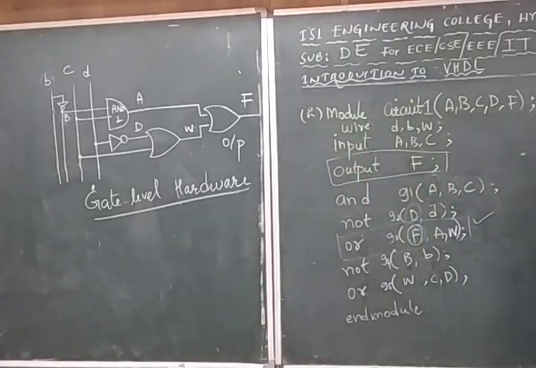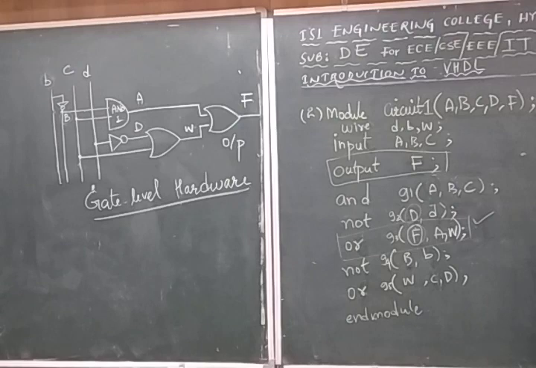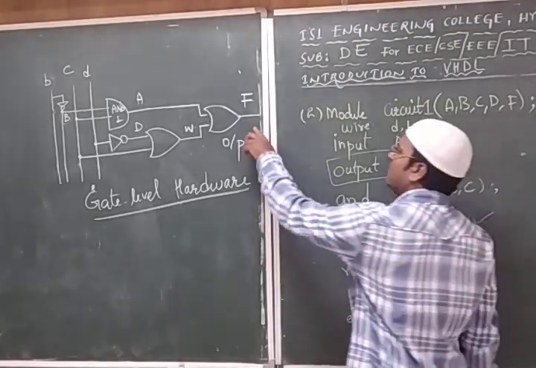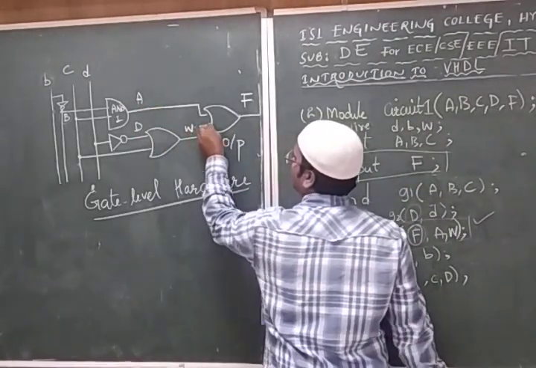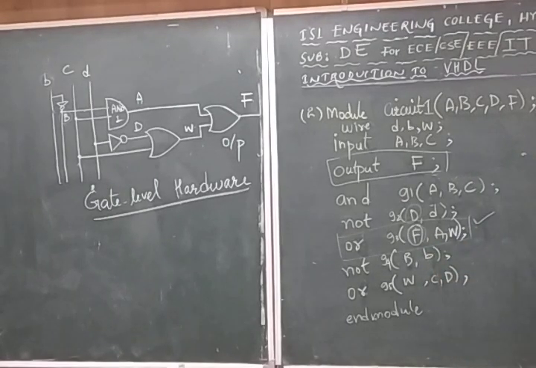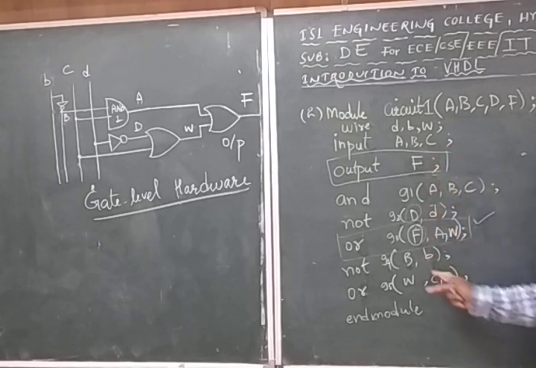Next thing, OR G5 of W of C comma D. That we wrote. Next part is the actual OR, where the output F is a function of A and W. Okay, that's A and W. F is the output. So always whatever code we write, we write the output followed by the inputs. In that way we have written the code for that particular module, and we have designed the hardware by looking into the code.